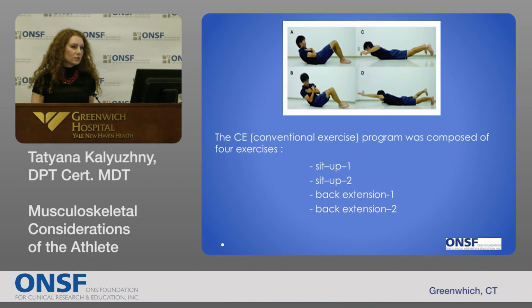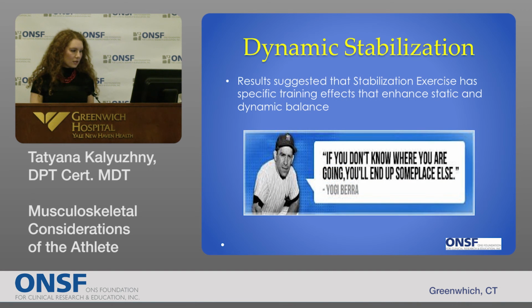The conventional ones, which are your crunches, consisted of 2 different types of sit-ups and 2 different back extension exercises. What they found was that the group that performed the stabilization exercises did better throughout their single leg balance, dynamic balance, as well as in their endurance tests. And so ultimately, stabilization exercises are more efficient and better for treating athletes.